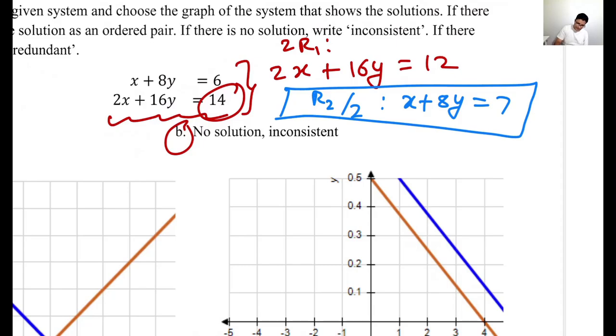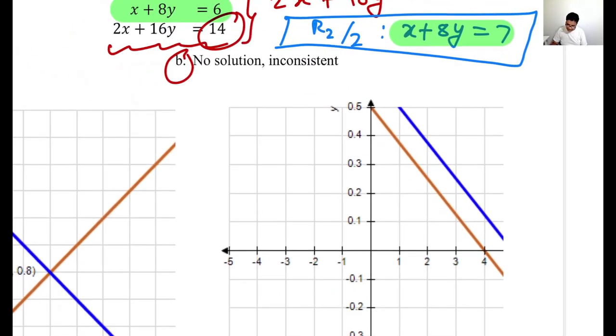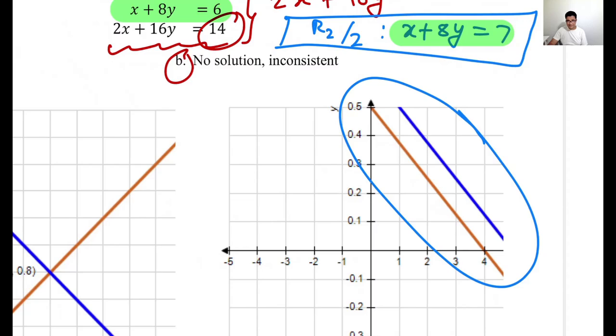And you have your first row, which is x plus 8y equals 6. Now look at these two. x plus 8y equals 6 and x plus 8y equals 7. And that's what you are getting in your lines here. They have the same slope, right? But one is 6, one is 7. Two parallel lines.